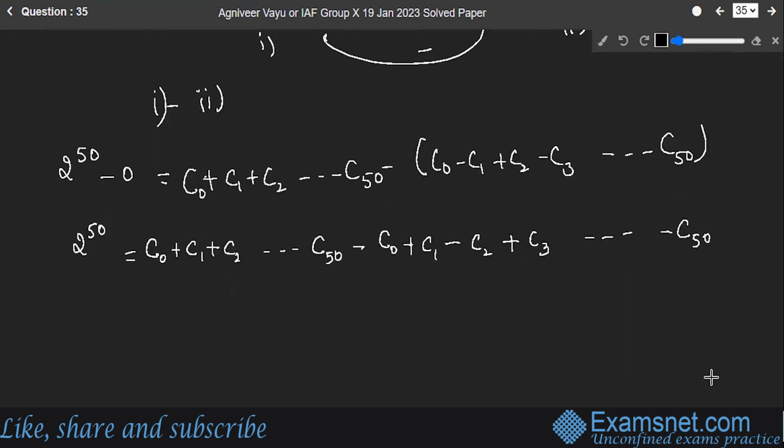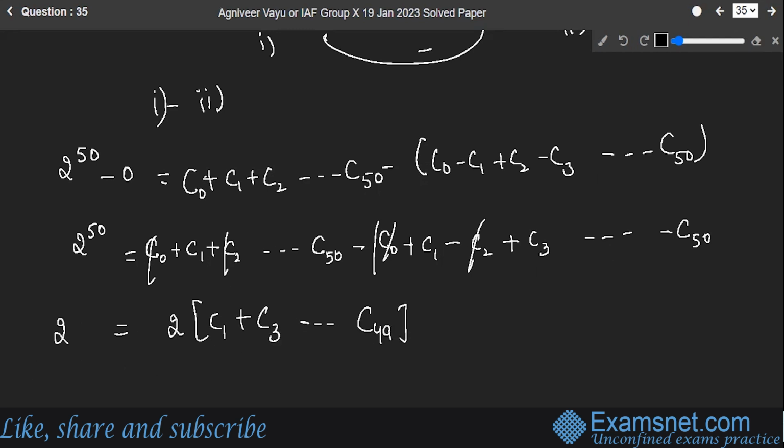See, they will cancel. The even ones will cancel, and you will have 2(C1 + C3 till C49) equal to 2^50. So 2^50 divided by 2, that is 2^49, equals C1 + C3 and so on till C49.